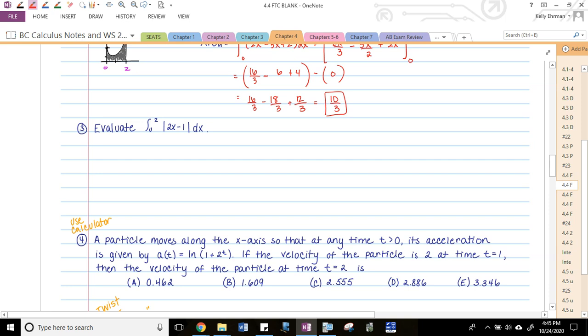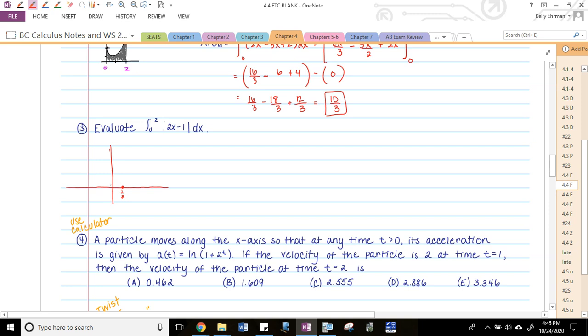What about an absolute value graph? So you have to think about this. Now, you could think about the graph itself. It's absolute value, right? So I think it might be in our best interest to graph this thing. Its vertex would be at positive 1/2, and it's got a slope of 2.